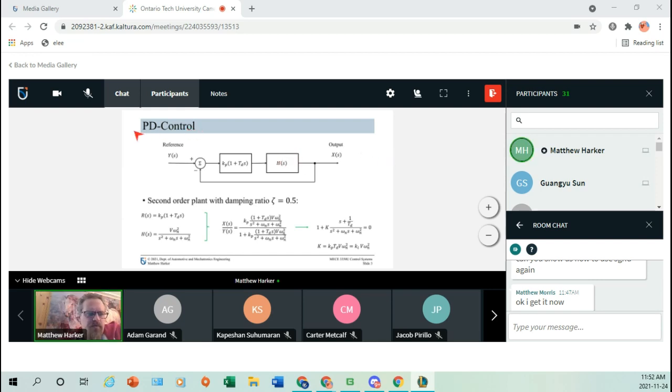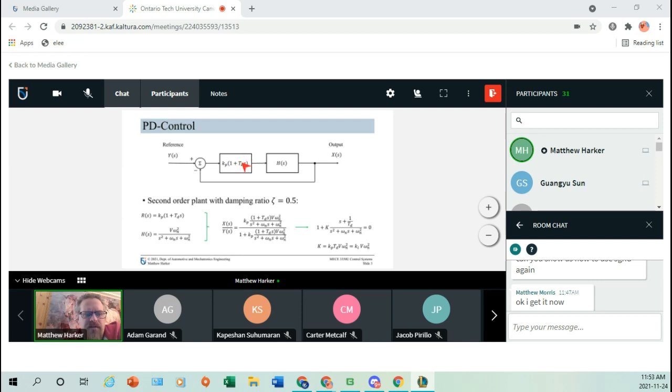So, as I said, the first example here is we'll look at PD control in the form we most commonly see, where we have the Kp multiplied into the two terms, a proportional term and a derivative term.